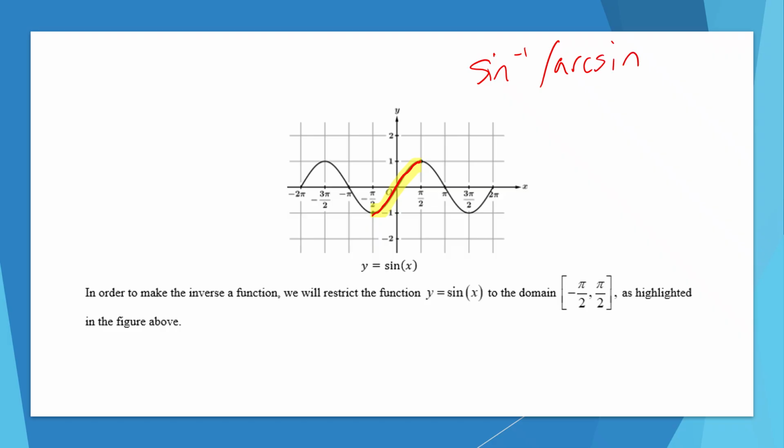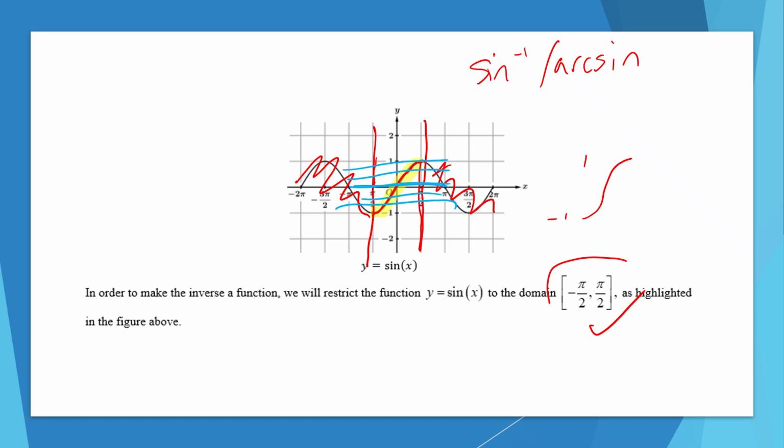We are only going to talk about it from negative pi over 2 to pi over 2 right here. If we only look at this and erase the rest of this graph, here, this now becomes invertible, right? It passes the horizontal line test everywhere. And it contains every value from 1 to -1, so our range is covered there. And so this is going to be the new domain of sine when dealing with inverse trig there.